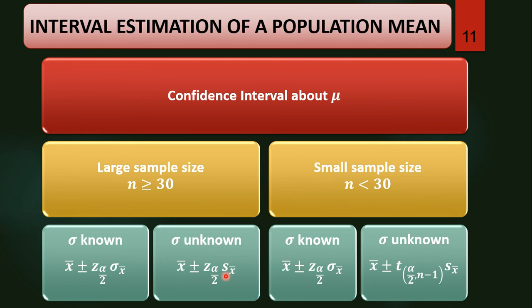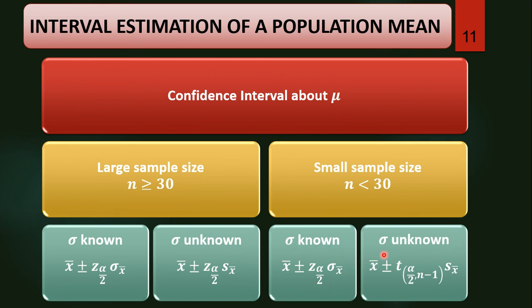But a different case happens for the small sample size. For a small sample size, again, we have two sub-cases: either sigma is given or sigma is not given. If sigma is given, your formula is the same as for the large sample size.